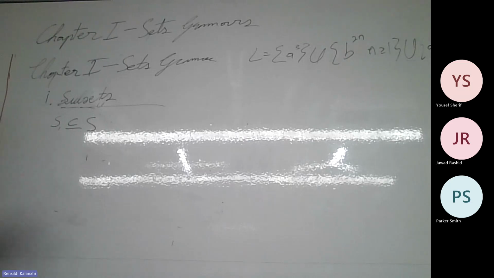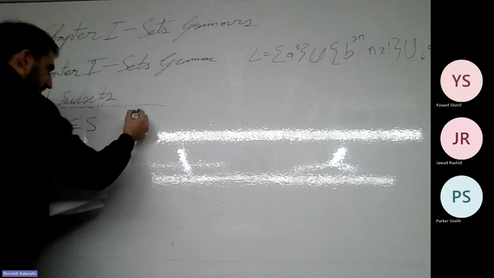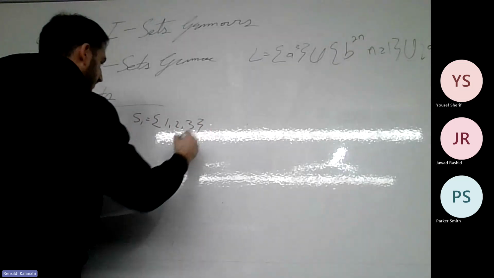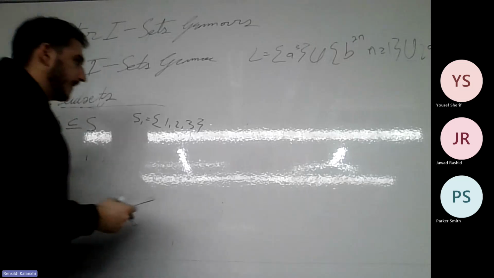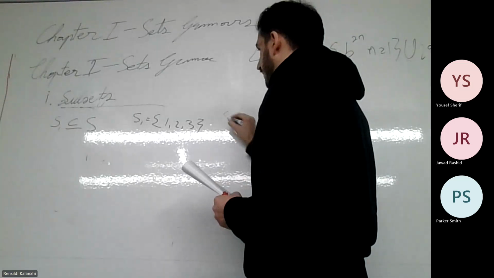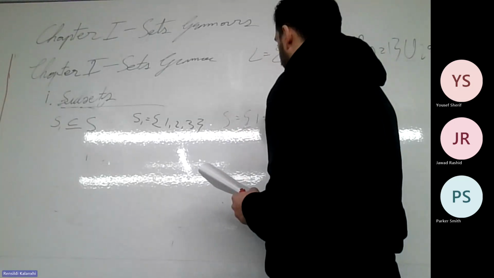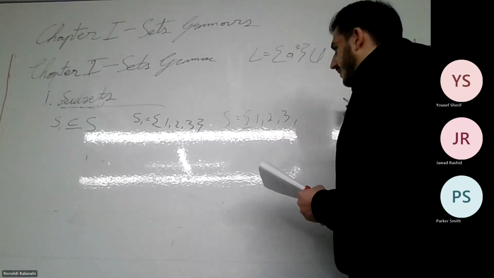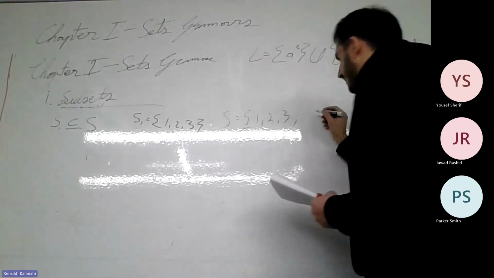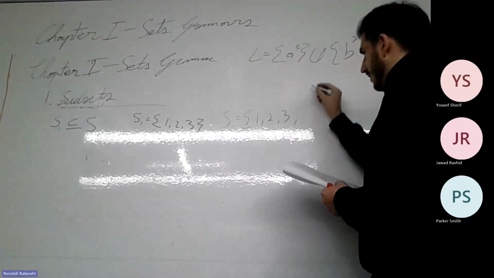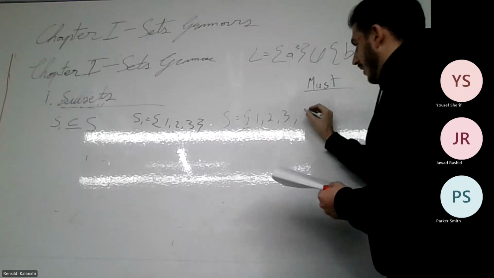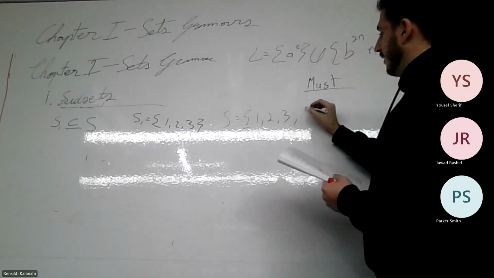So S1 is a subset of S. It's pretty self-explanatory. So let's say S1 is 1, 2, 3, has these elements, then S will have those elements as well. But also, since it's a subset, S must have other elements.